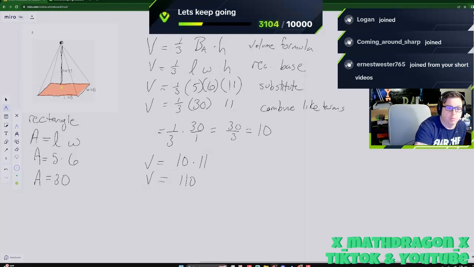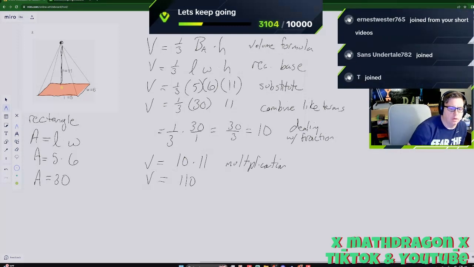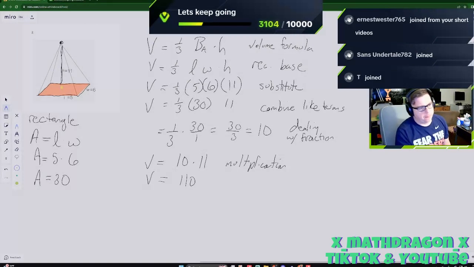We could put multiply, 5 times 6. Now, dealing with the fraction. Dealing with the fraction is this piece right here, and then we did multiplication again and got our solution.